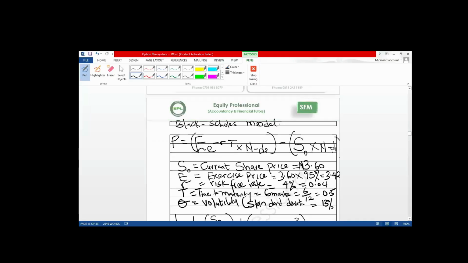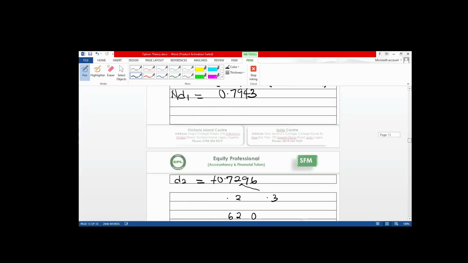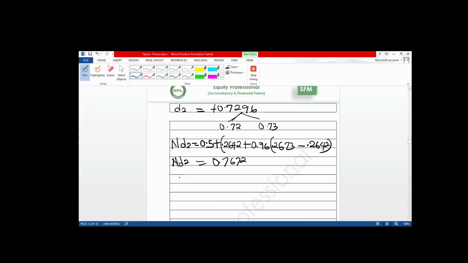You have gotten ND1, ND2. N minus d1, n minus d2. Determine n minus d1 and n minus d2.